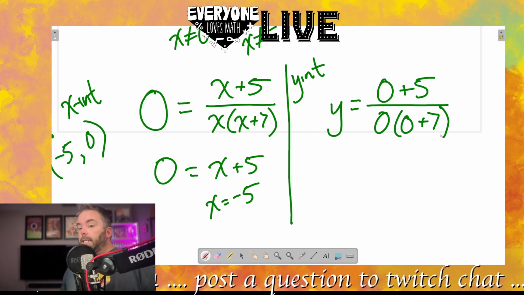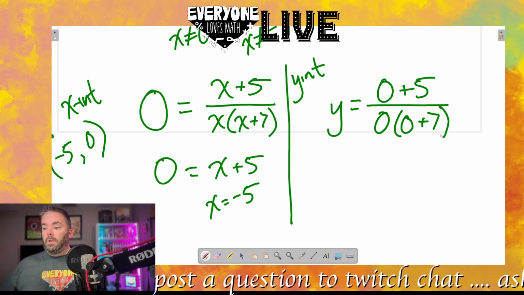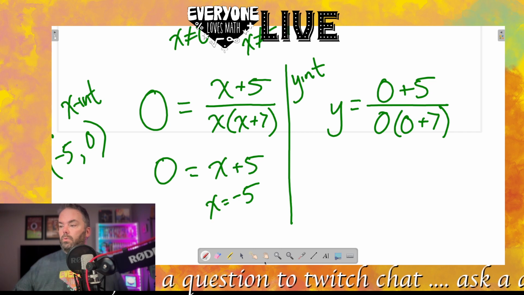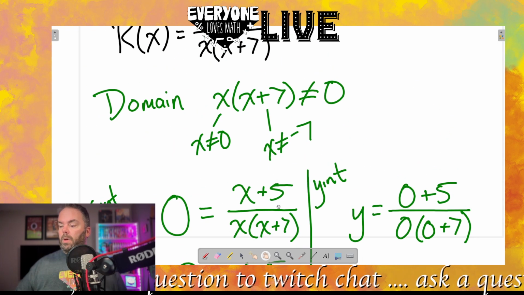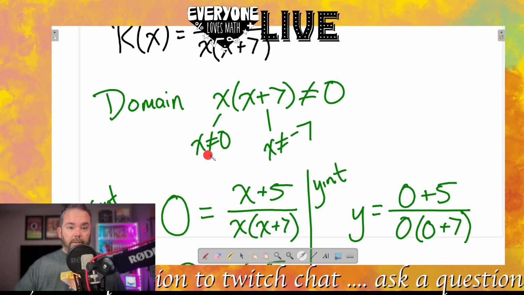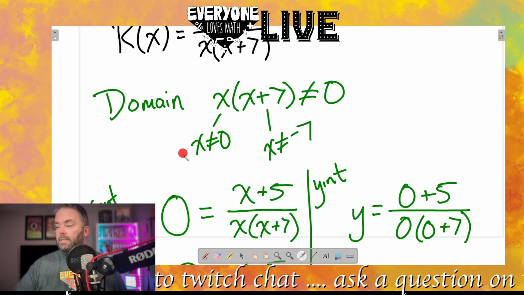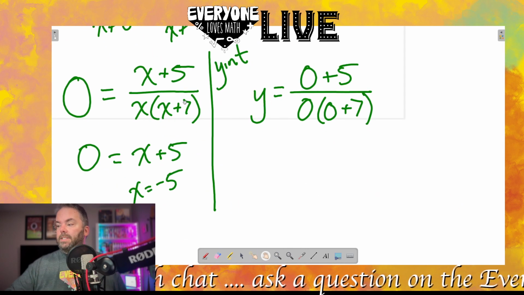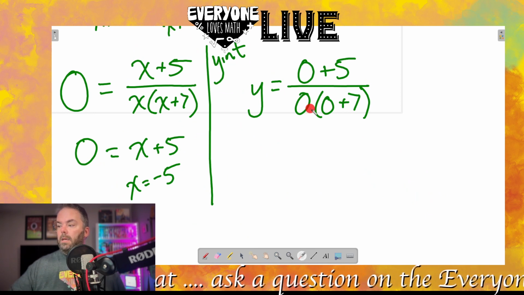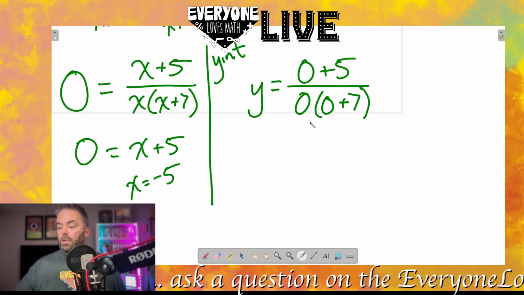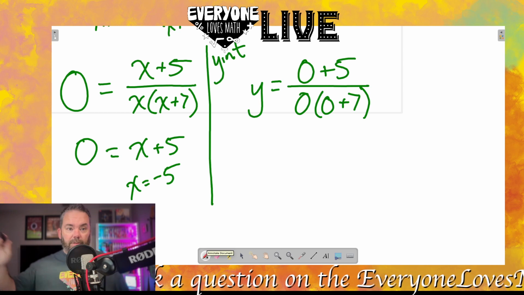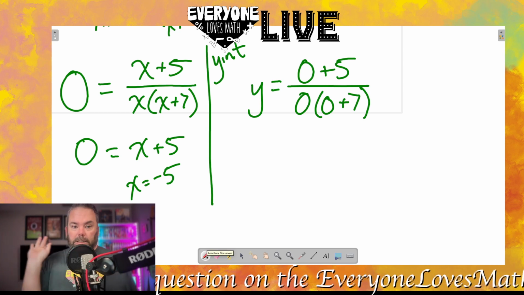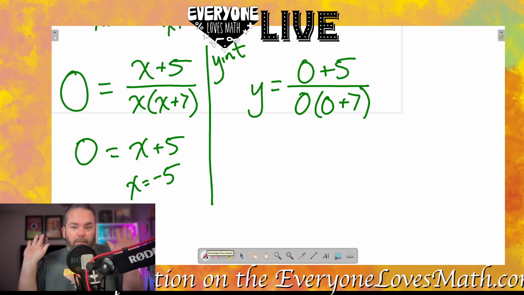Look at this. Remember how 0 was one of the numbers that was bad? When x is 0, that's bad. Because when x is 0, that puts a 0 in the denominator. So what we would say is this is bad. We should have never been in here.